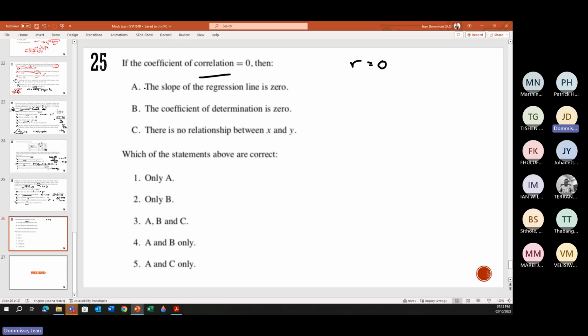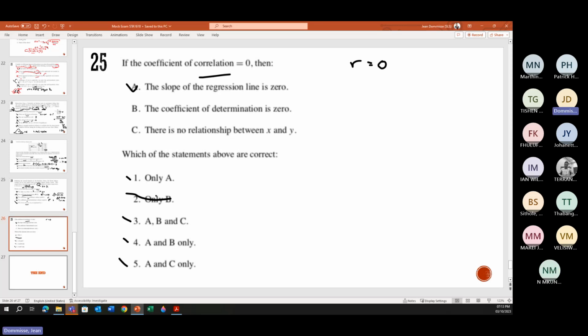Perfect. Slope of regression line is 0. Only A, okay, so it could be that one, not that one, could be that one. At least we eliminated one of them. The coefficient of determination is 0. So if R is 0, what is R square?